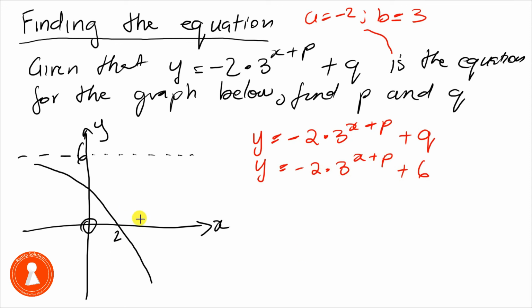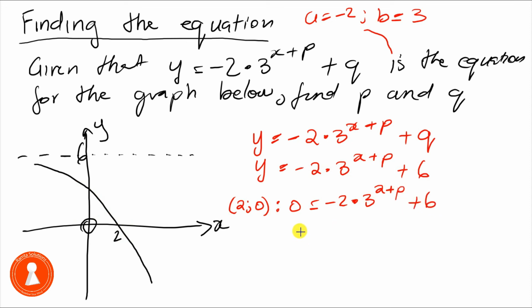Now, there is another point given here, which is 2 and 0. Can you see it? This is an x-intercept. So where there's x, I will put 2. Where there's y, I will put 0. So 0 equals negative 2 times 3 to the 2 plus p, plus 6.